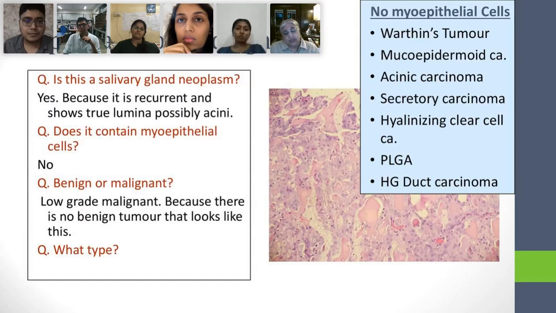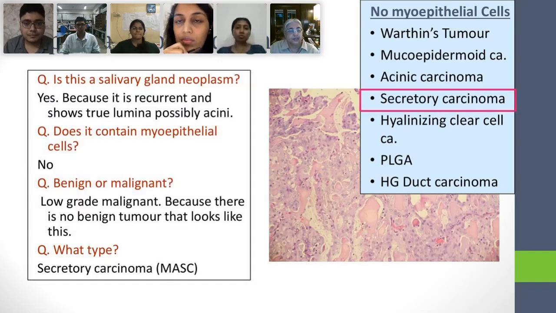Acinic? Yeah, possibly. In fact, this tumor for years was called an acinic cell carcinoma until it was discovered that this is not an acinic cell carcinoma because it shares a molecular marker with the secretory carcinoma of the breast. So this tumor is a secretory carcinoma, the mammary analog secretory carcinoma.